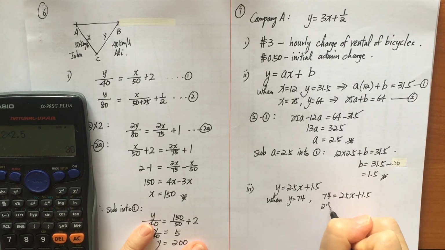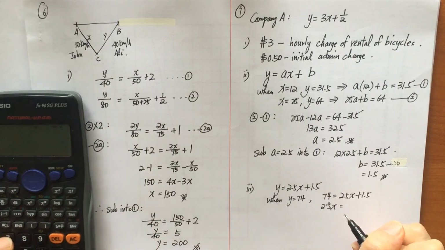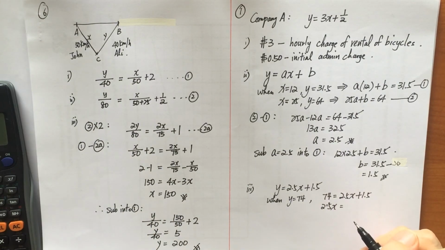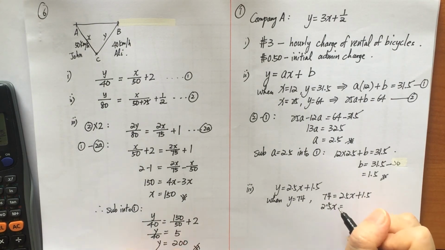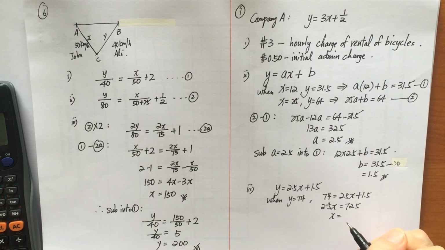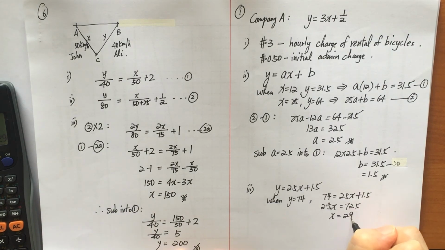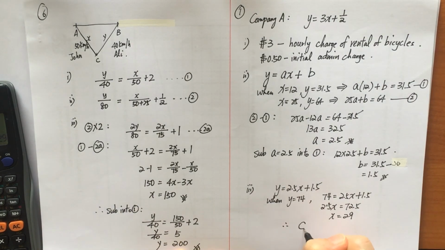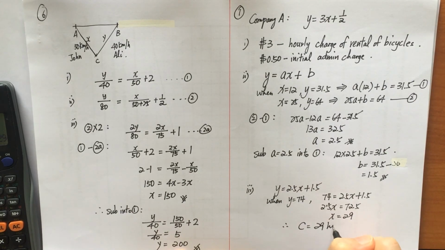So 2.5x equals 74 minus 1.5, which is 72.5. So x is actually equal to 29. Therefore c is actually 29 hours.